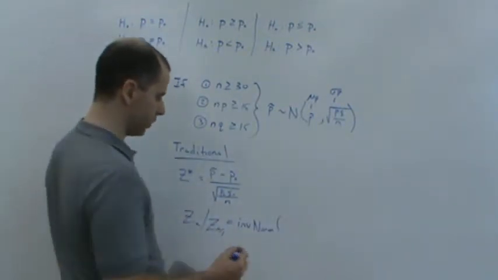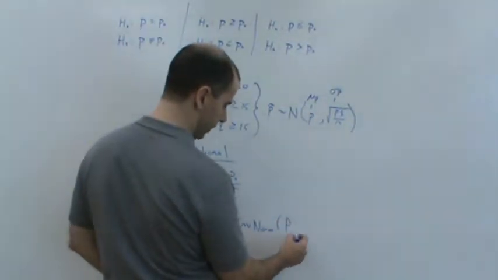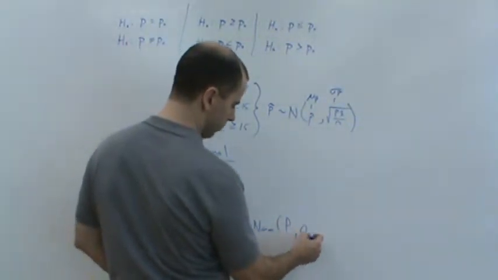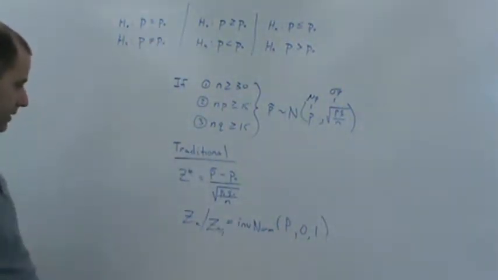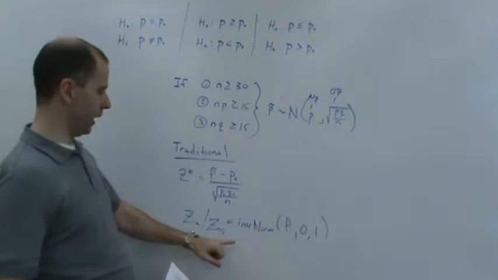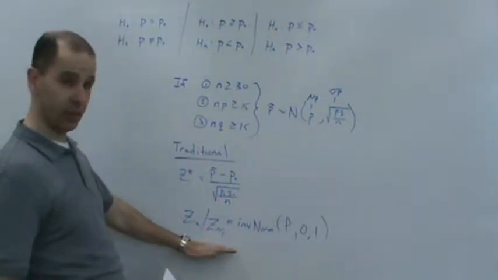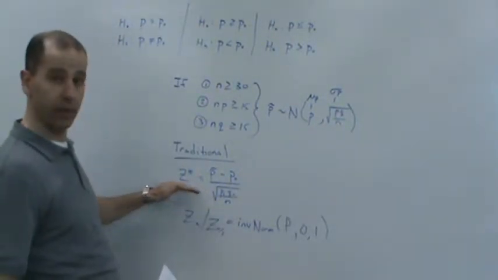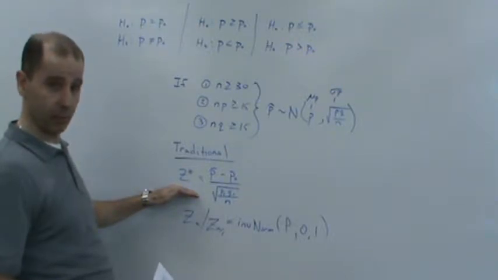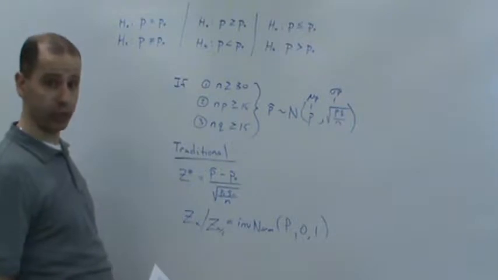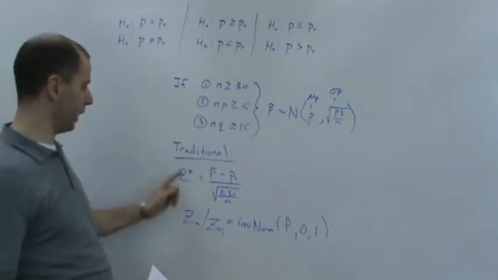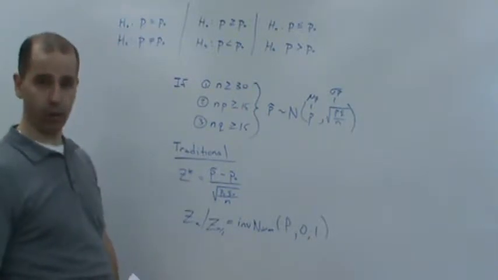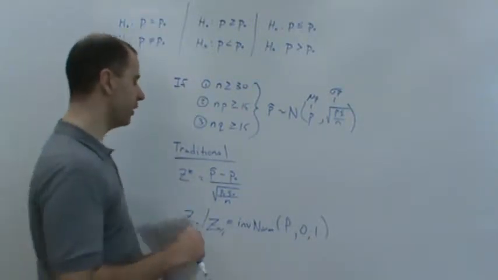So that's going to tell us what to put in for p, the area to the left, followed by 0 and 1. And that's it. So then again, we're going to compare our critical value with the test statistic, right? If our test statistic falls inside the rejection region bounded by our critical value, then we reject the null. So again, same method as before, when we're dealing with the mean, okay?